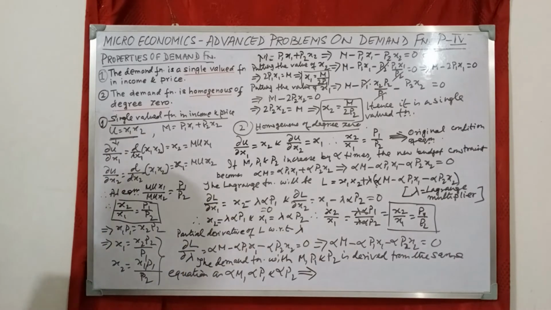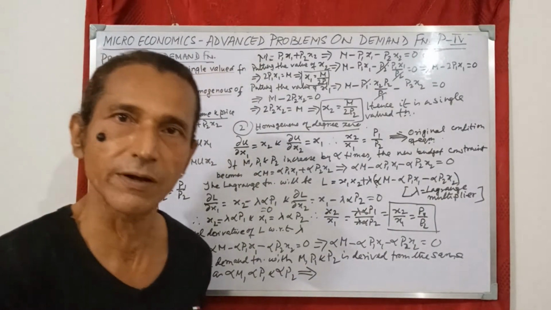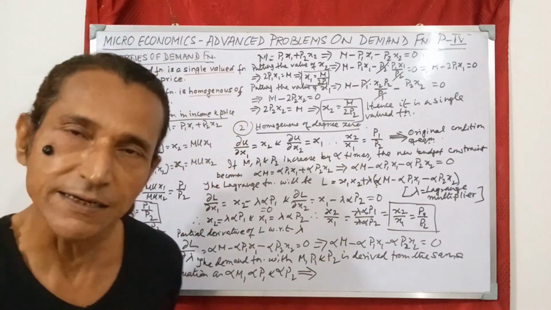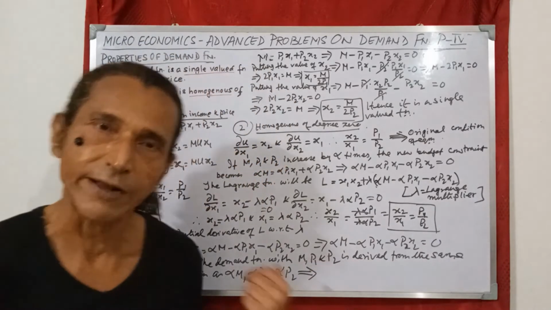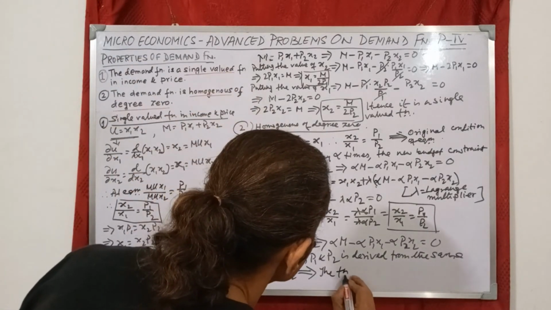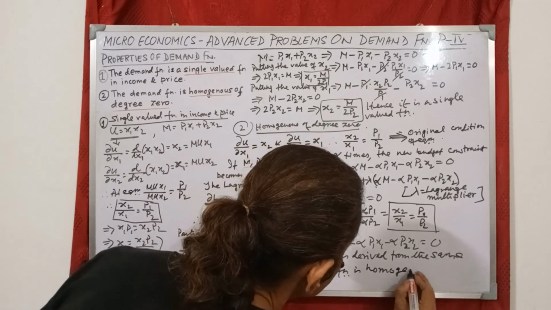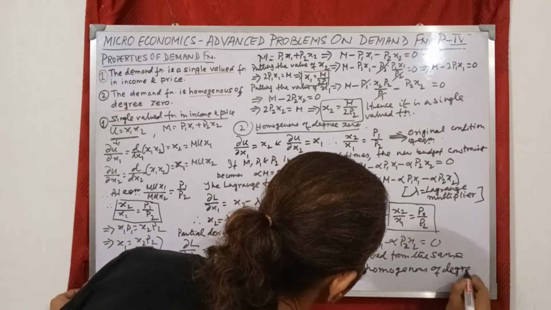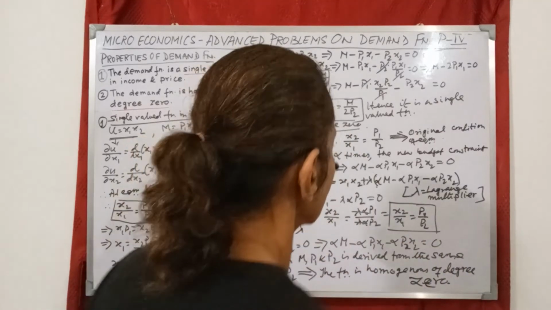This means there is no change in quantity purchased by the consumer as a result of the change, in this case, the increase in income of the consumer and prices of the commodities by alpha times. So the function is homogeneous of degree 0.